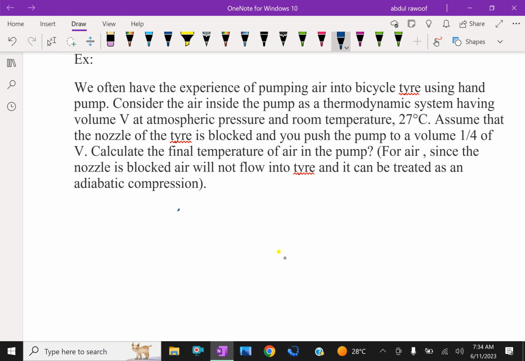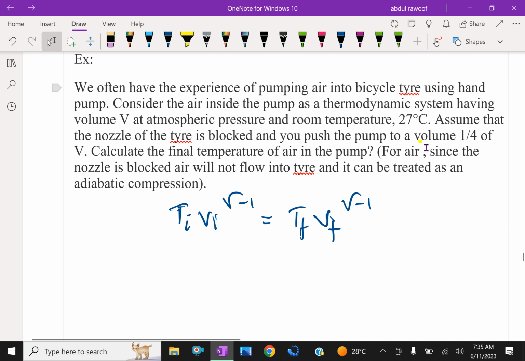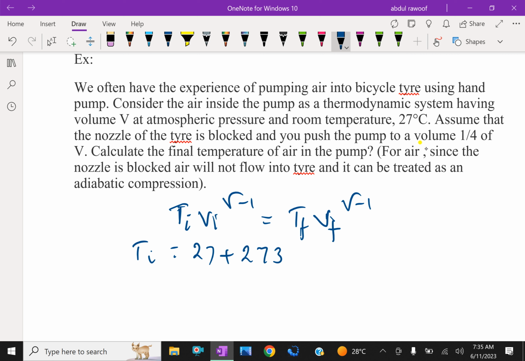For adiabatic compression, we can write T initial times V initial to the power gamma minus 1 equals T final times V final to the power gamma minus 1. Here the temperature is given in degrees Celsius. We have to convert it to Kelvin. T initial equals 27 plus 273, which is 300 Kelvin.